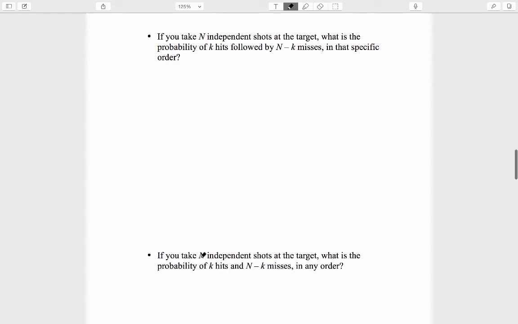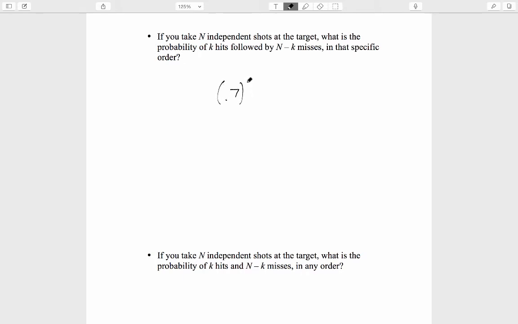If you take n independent shots at the target, what is the probability of k hits? Not necessarily 2, but k hits, followed by all the rest misses, in that specific order. Please don't be intimidated by the fact that now we're working mostly with letters and hardly at all with numbers. Each letter is simply taking the place of a number we've been working with. So we're working in one specific order.